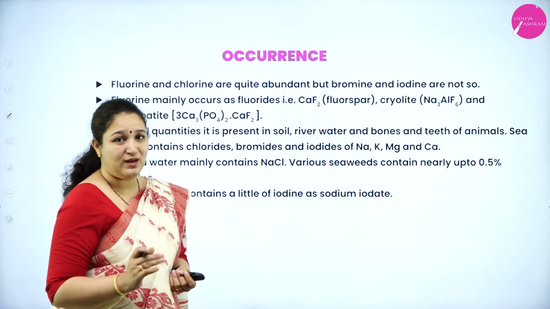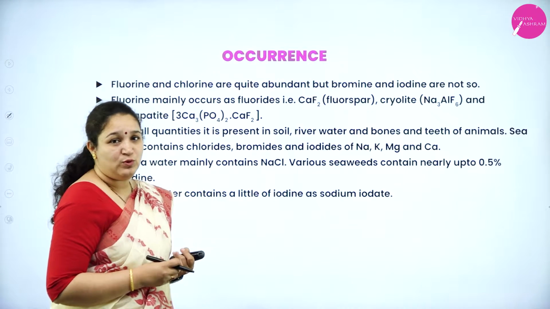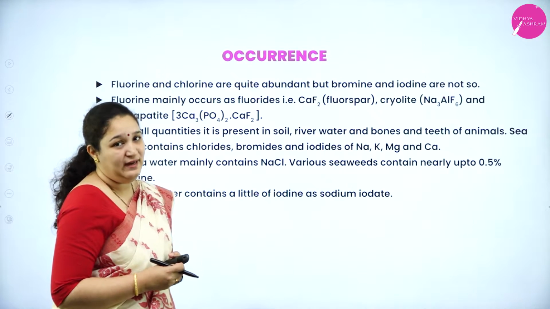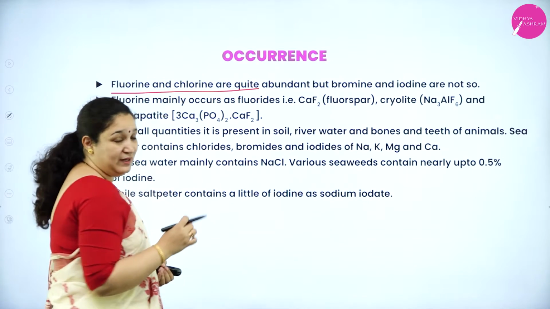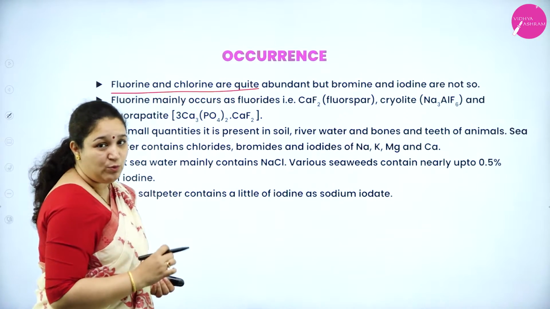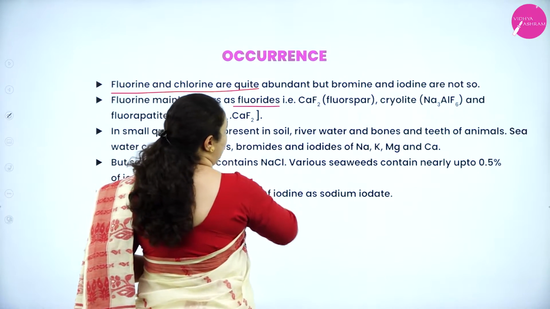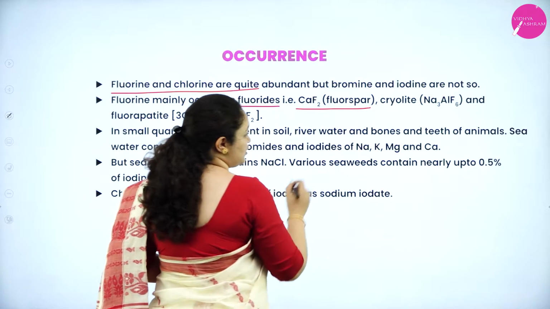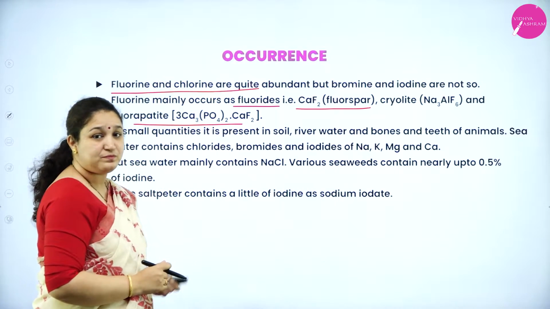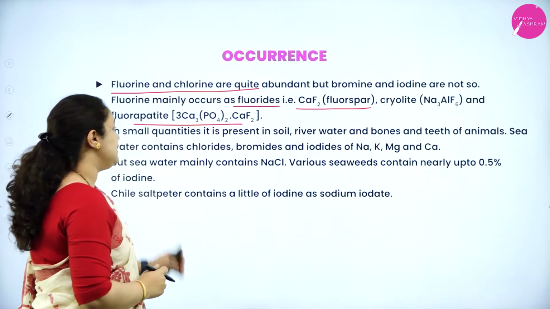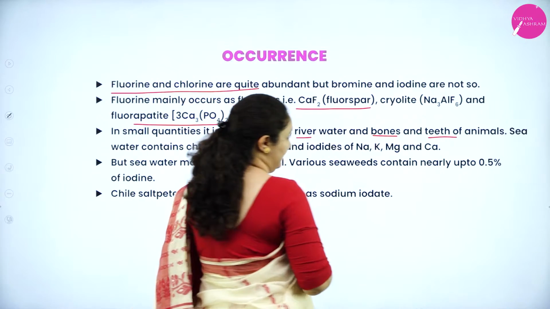Before that we learn about the occurrence. So where exactly can you find fluorine, chlorine, bromine and iodine? Fluorine and chlorine are quite abundant compared to bromine and iodine. Fluorine you can see as fluorides, that is fluorospar, cryolite or fluorapatite. It is also present in small quantities in soil, river water and bones and teeth.